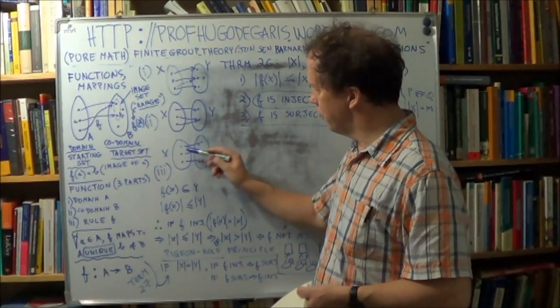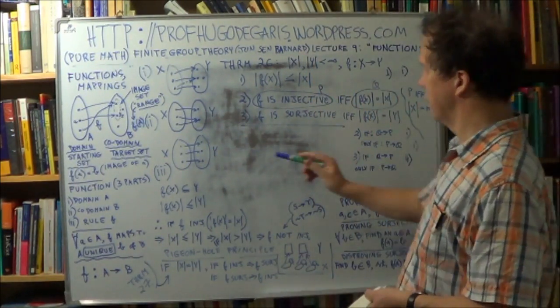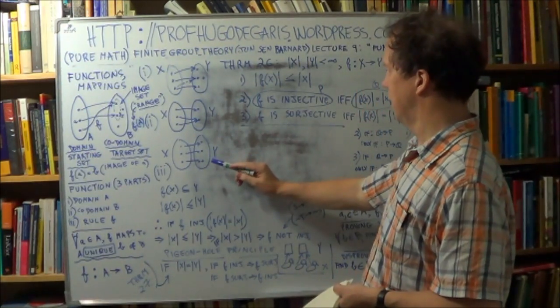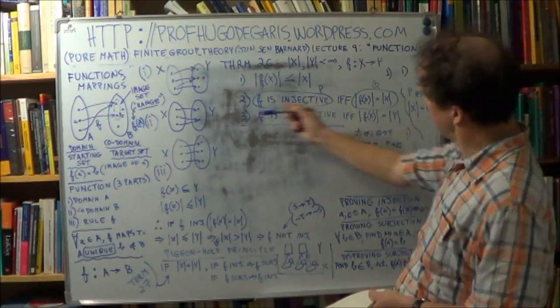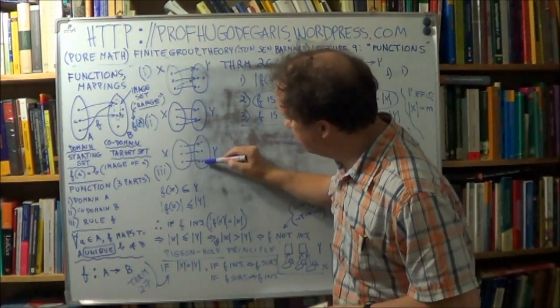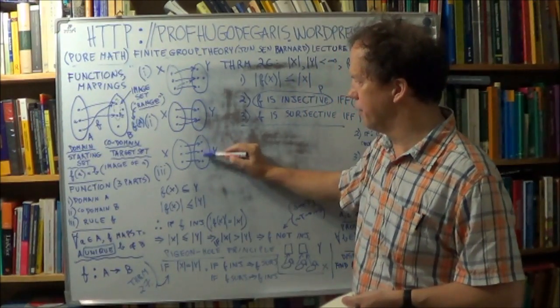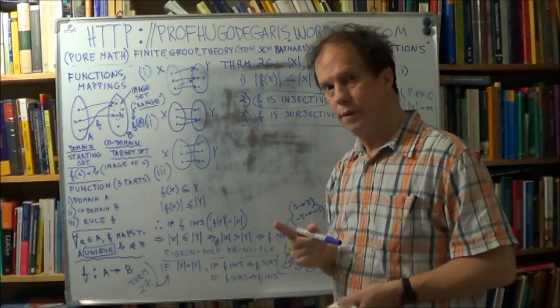So if it's one-to-one, okay, we're going this way. Each member of your target set is mapped to once.